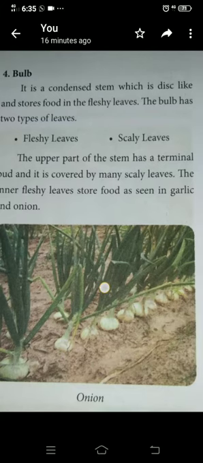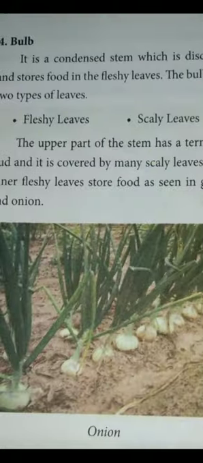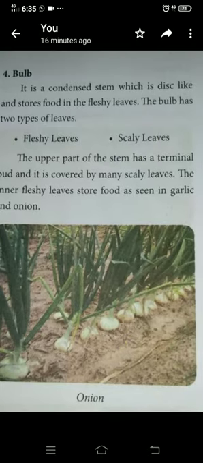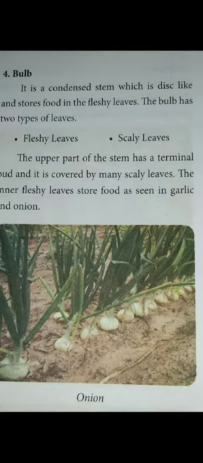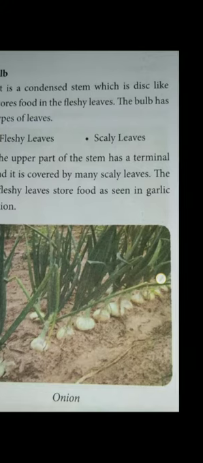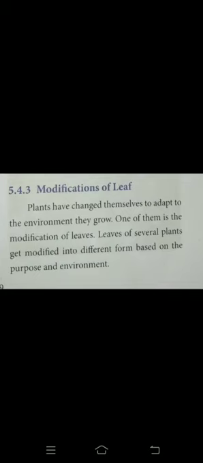The leaves are very scaly in nature. Fleshy leaves are seen in garlic and onion. Okay ma. So next, the last part, we are going to study modification of leaf.